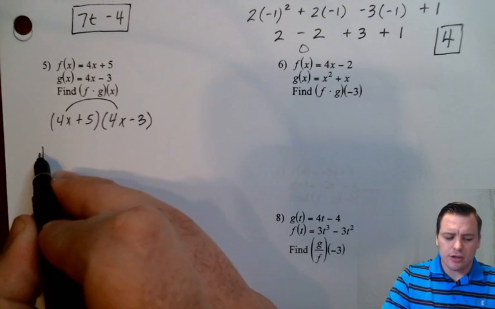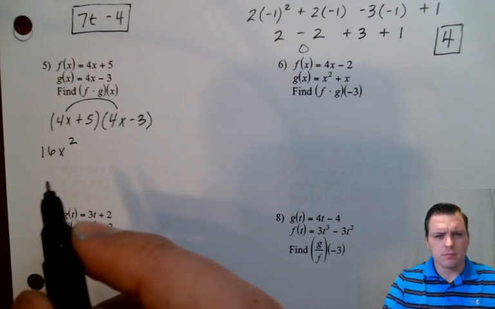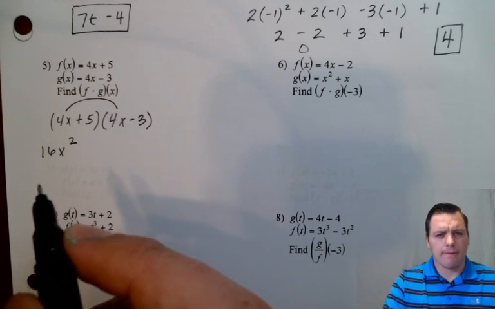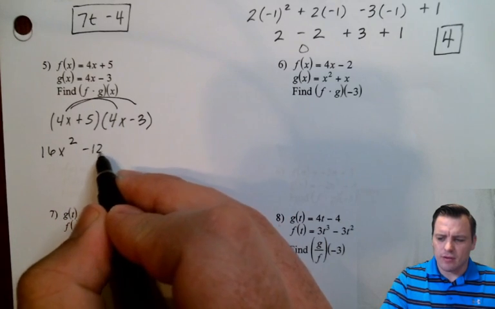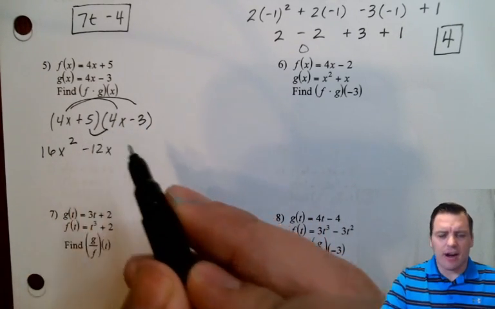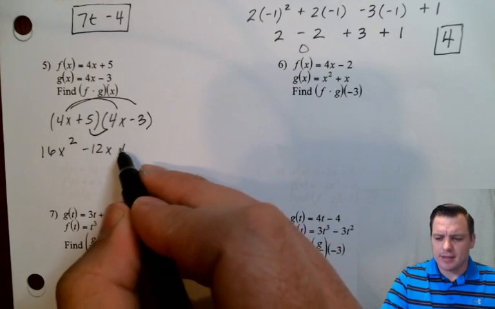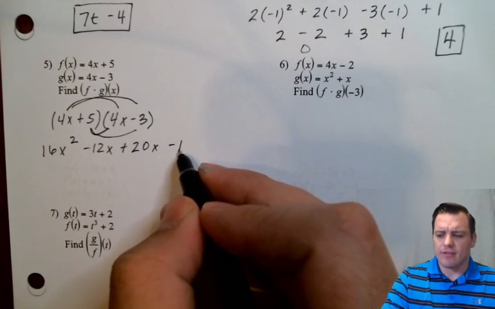Good, Maddie. Good, Chris. And then go outside. 4x times negative 3 would be negative 12x. Inside, 5 times 4x would be 20x. And 5 times negative 3 would be negative 15.